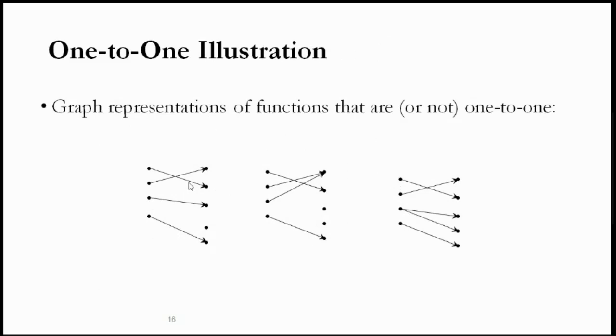Let's see the graphical representation. Now tell me, the first one, whether it is a one-to-one function. First one, one-to-one, and not one-to-one, and third one is not even a function.